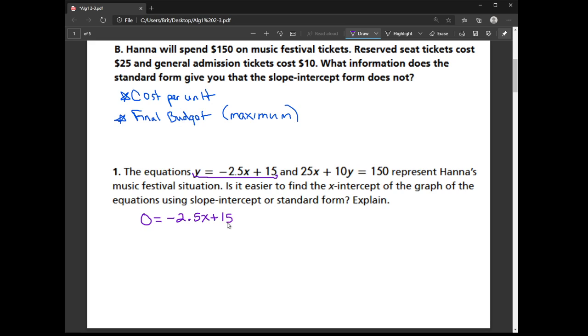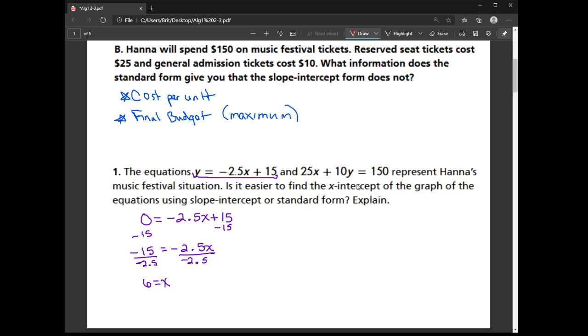So I'd subtract 15 from each side, so I'd get negative 15 equals negative 2.5x, and then I'd divide both sides by negative 2.5 to isolate x. Then I take out my calculator because I don't know that off the top of my head. So 15 divided by 2.5, that's 6. So here that gets me the x-intercept is 6.